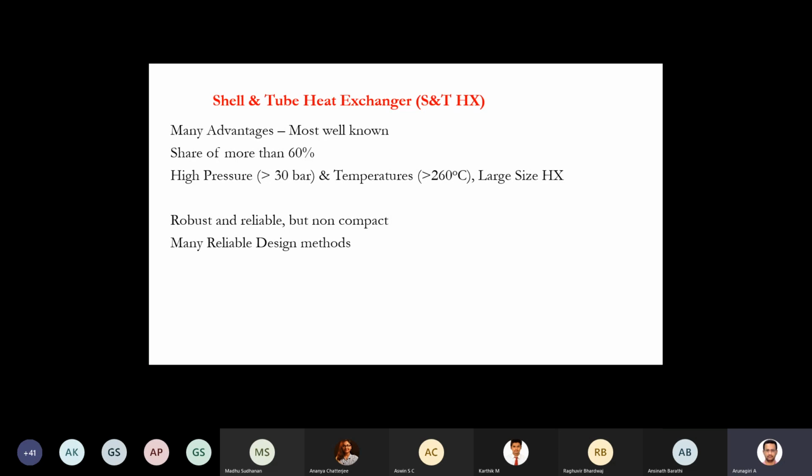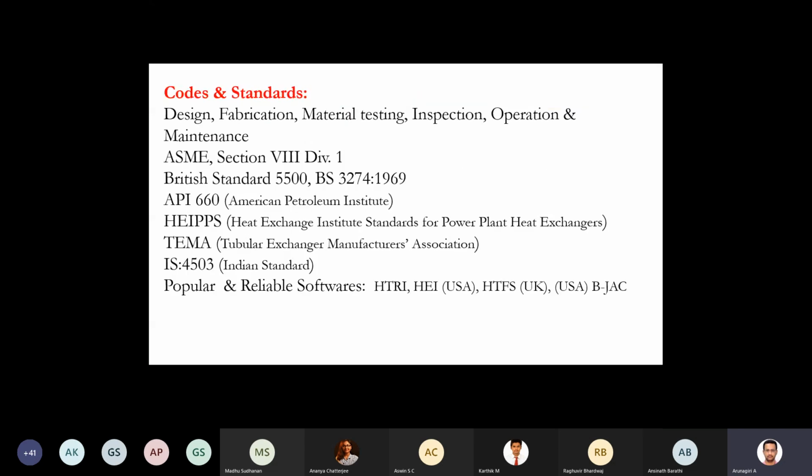Codes and standards normally say about design, fabrication, material testing, inspection, operation and maintenance. So these codes and standards will define all these things: design of equipment, how to fabricate this equipment, what materials can be used and how this material can be tested. That will also be explained by these codes and standards.